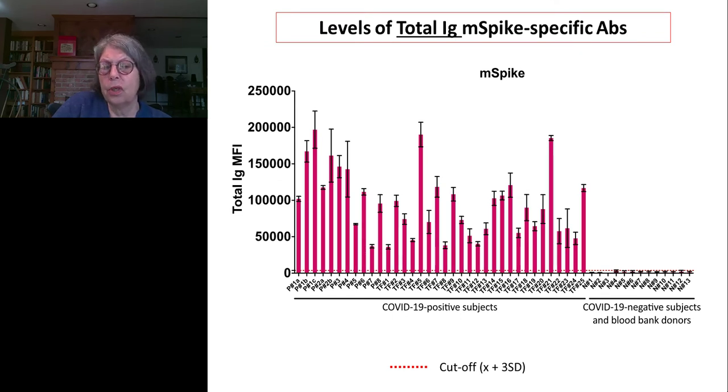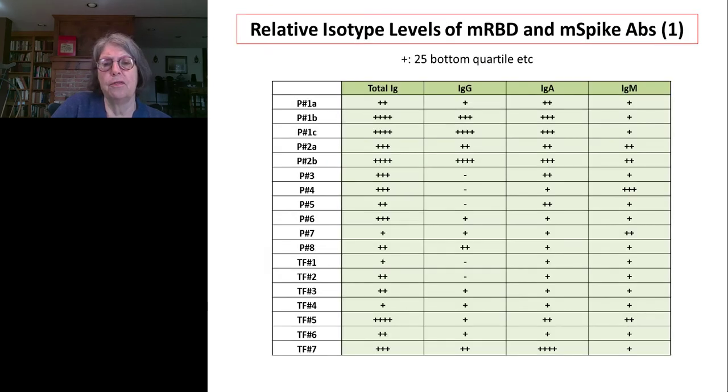And using quartiles, we can compare quantitatively the amount of the different isotypes in the different patients. So what I'm showing you here and on the next slide is the analysis in terms of the quartile.